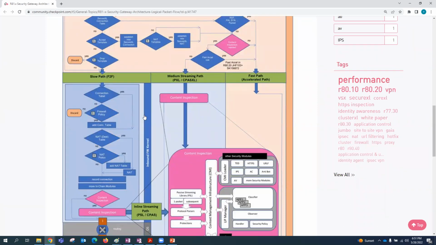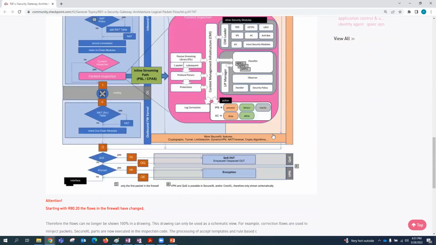packet flow, right? We have three modes basically in the processing: the slow path, F2F, the medium streaming path, where you'll be having content inspection only. Then the fast path, where you'll be having deep inspection, such as SecureXL features like cryptography, tunnel, link selection, and so on.